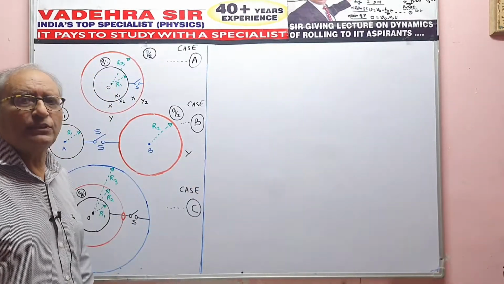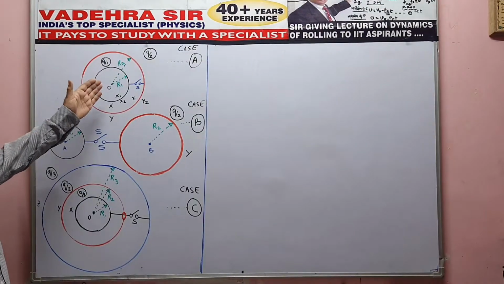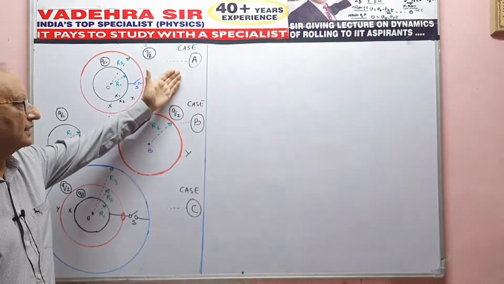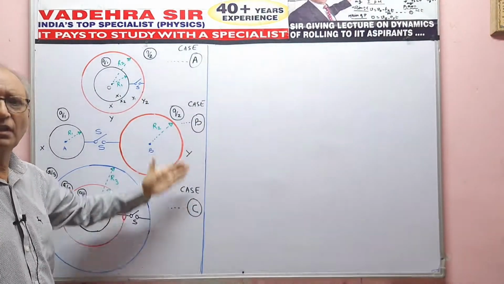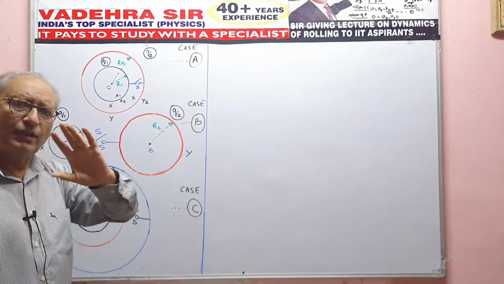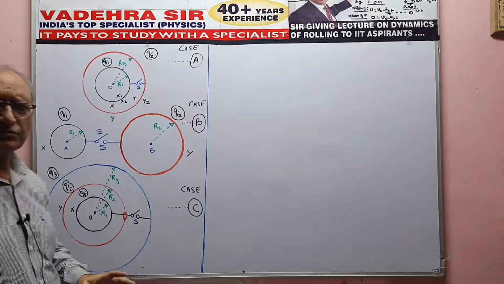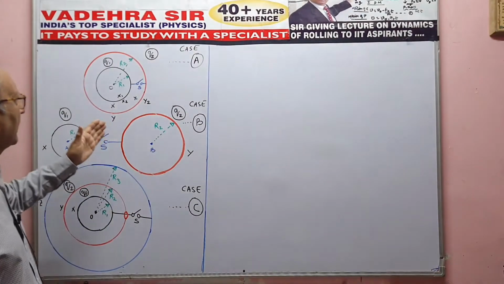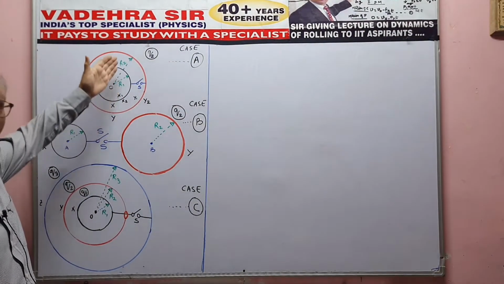I have actually given you three situations on the board. I take them as case studies, case A, case B, case C. Let's take one by one. In case A, I have got two concentric charged spheres, radii R1 and R2.